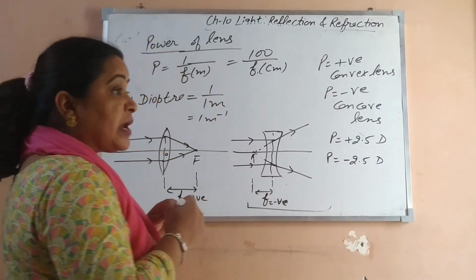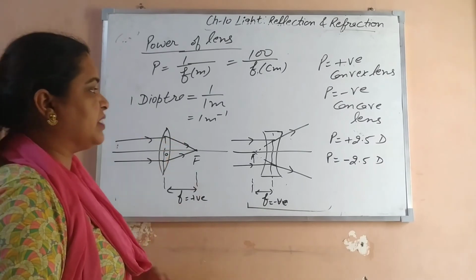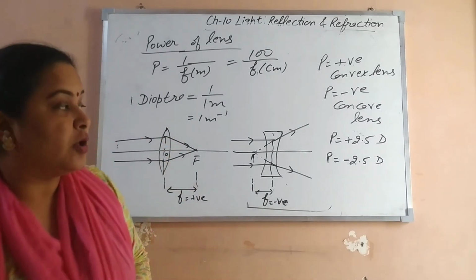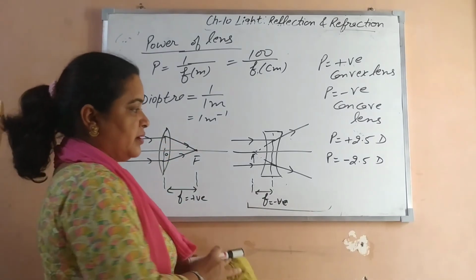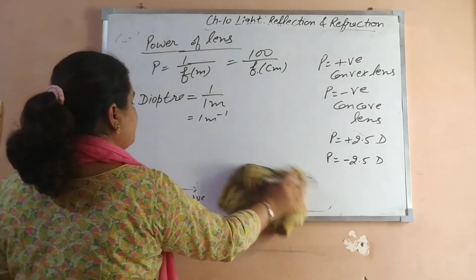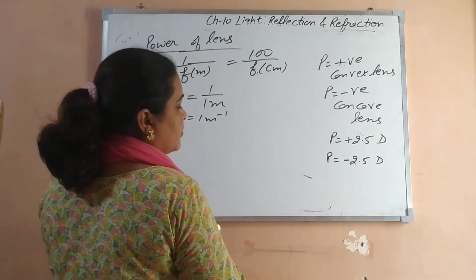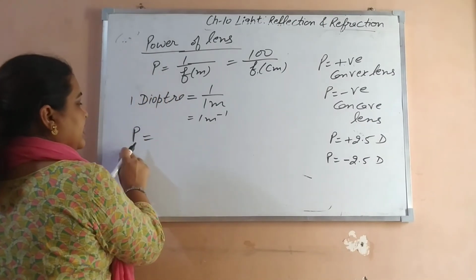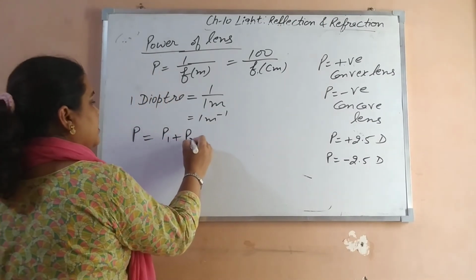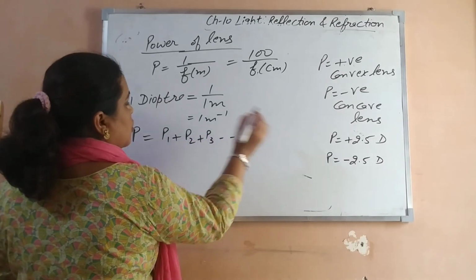Now to get a sharp magnified image or clear image, a combination of lenses is also done. So how to do that combination? Simply we do the arithmetic sum of the individual powers of the lenses. So P is calculated by P1 plus P2 plus P3 and so on.